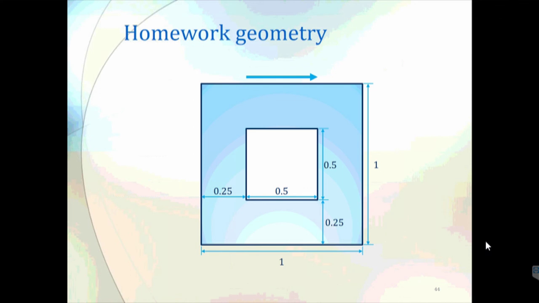Okay, so you remember the homework the professor gave you last time, which is due next week, and the geometry for that homework I have described in this slide. Of course, the overall case appears to be the same because the top lid is moving, the rest of the walls are fixed.